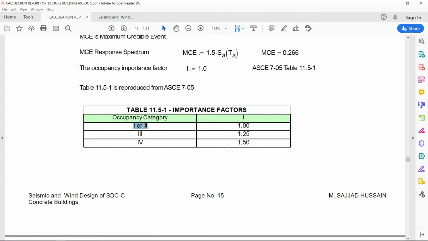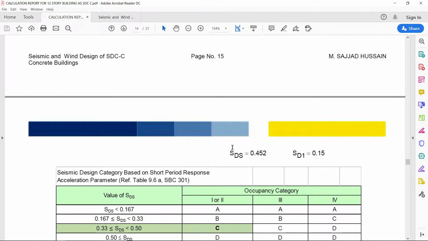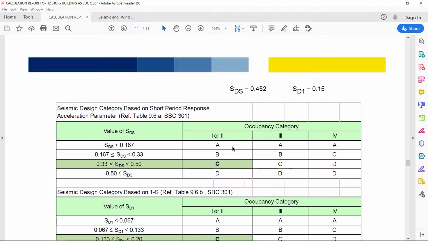Occupancy category is, of course, importance factor is 1 based on the table in ASCE 7-05. This is for the occupancy category 1 or 2, it should be 1. Then based on these values, I have to check whether this building falls under seismic category C or not.